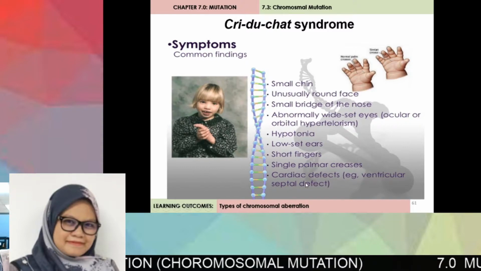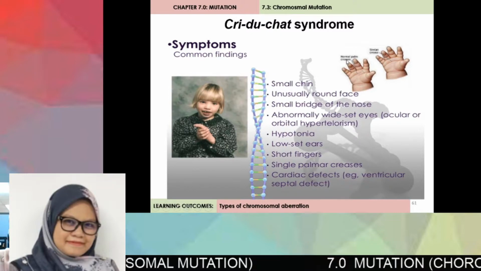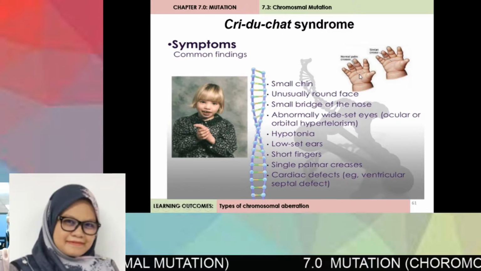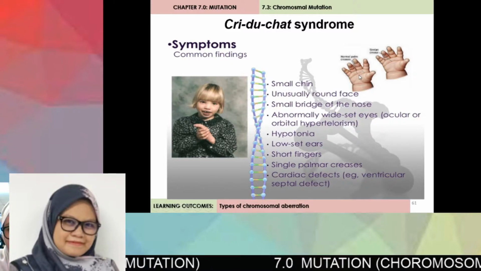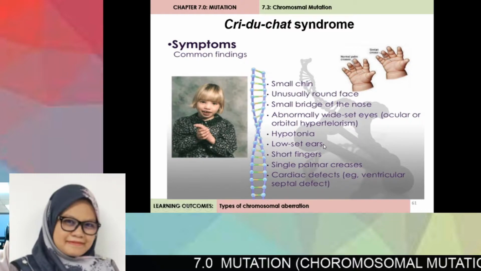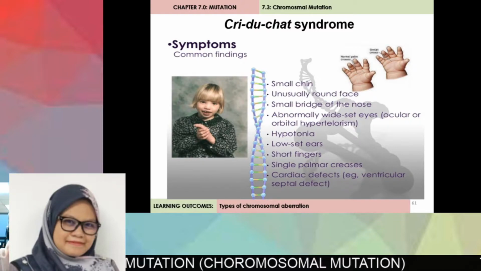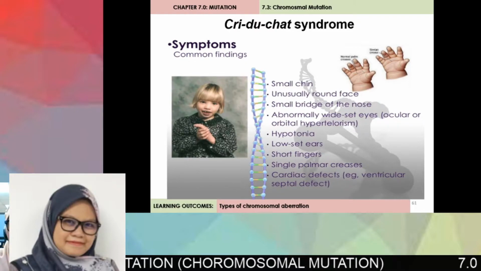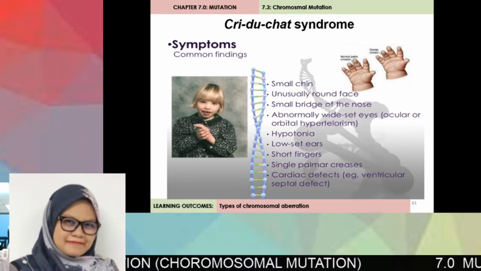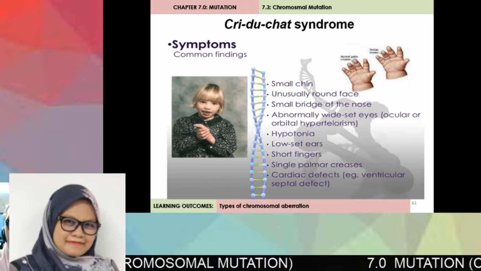So bila kamu boleh nampak dekat sini apa yang dimaksudkan dengan normal palm, sebenarnya kita akan ada garis banyak, tapi dia hanya ada satu garisan sahaja. Dan usually pesakit yang Cri-du-chat syndrome ni dia akan meninggal dalam keadaan baby ataupun sewaktu kanak-kanak, maksudnya umur dia tak panjang. Jadi untuk simptom ni kamu bolehlah ingat 2 atau 3. Beza ya simptom dengan karakteristik.